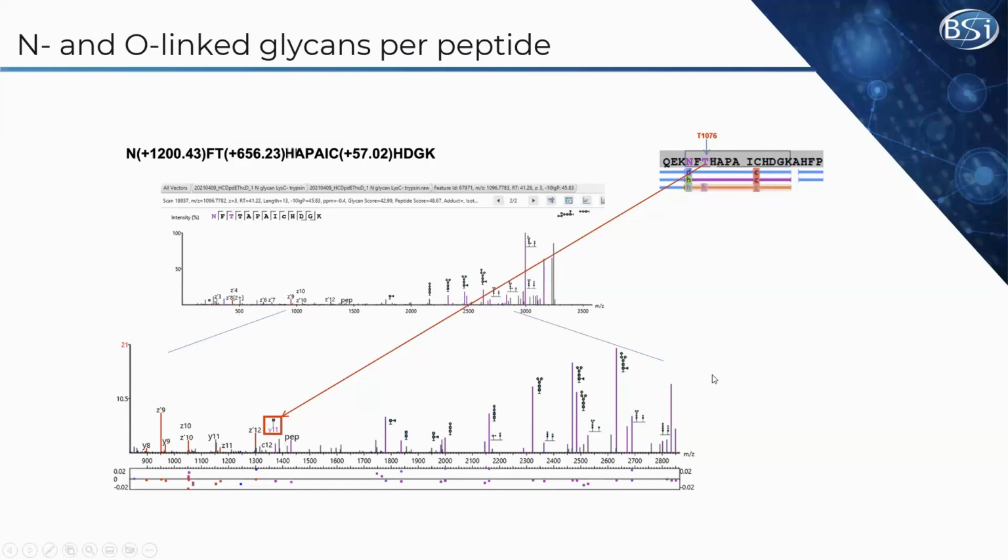And so if you can't differentiate or don't have the ability to identify both N and O within this peptide, you may end up with a false assignment of just one glycan that has the same mass as these two glycans combined. And the differentiating factor, as highlighted here, is this Y11 ion that's still associated with a glycan moiety, which we're able to use to differentiate these two glycosylation sites.